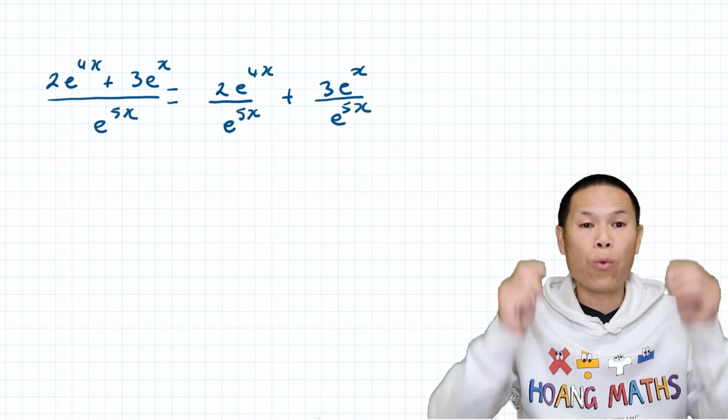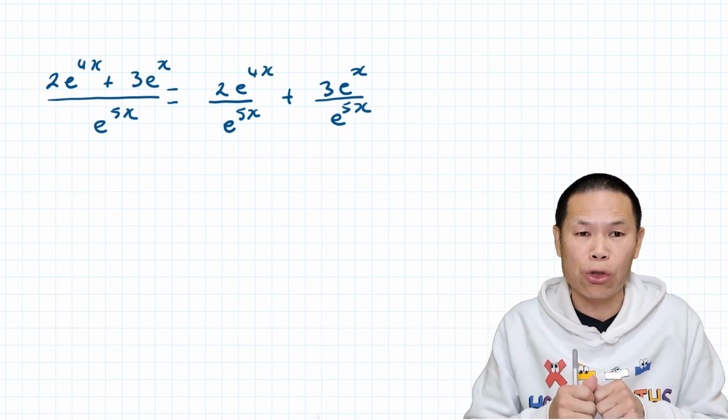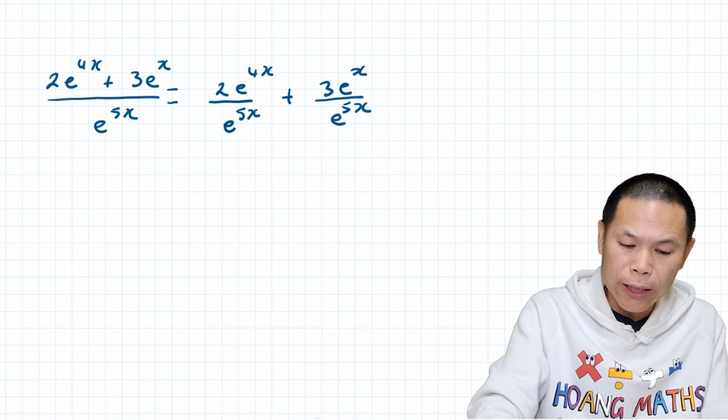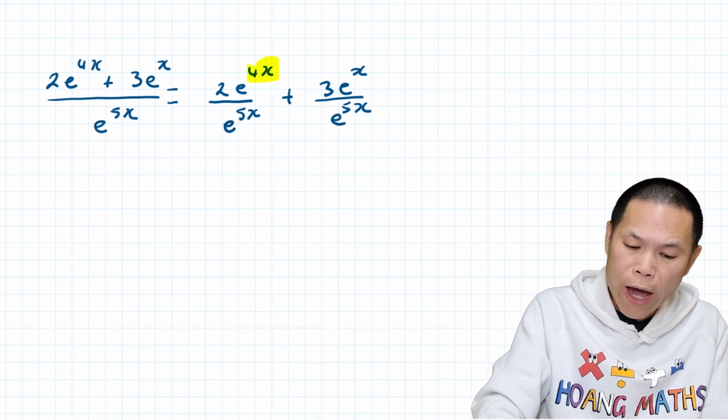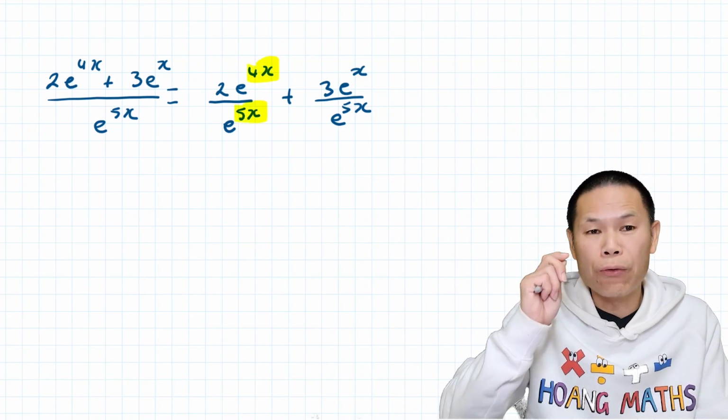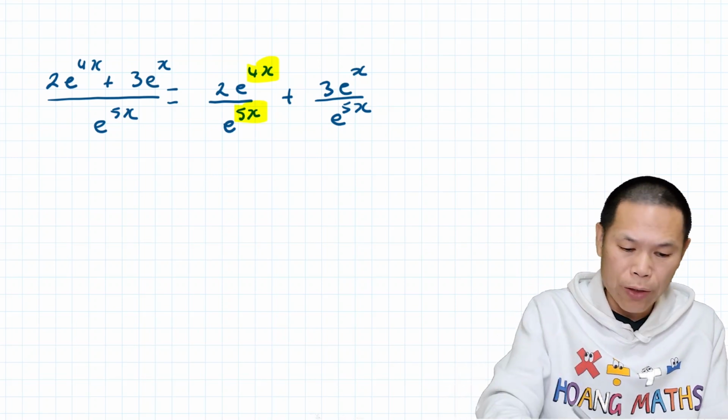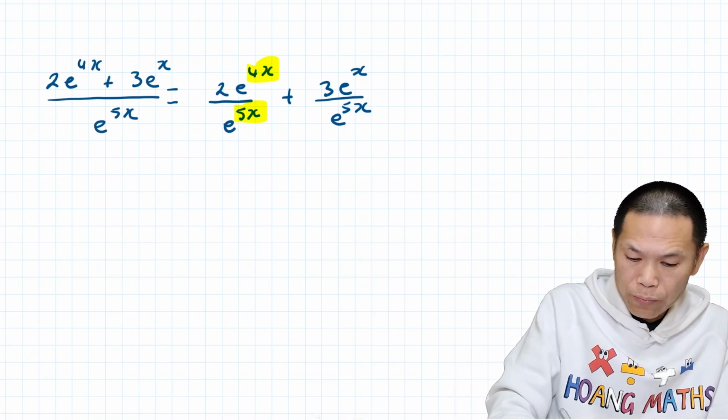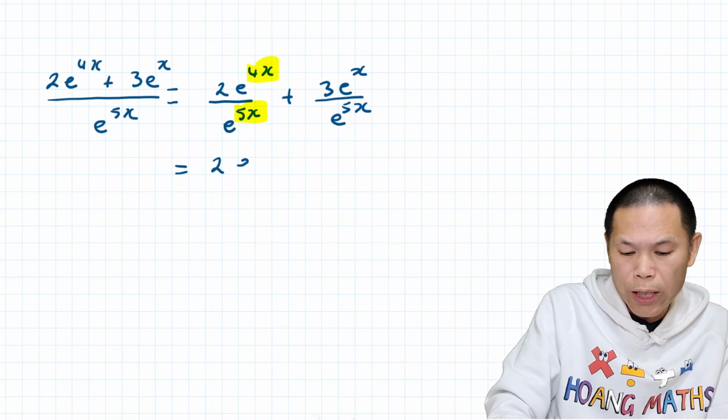So there you go. So what I do now is I just simplify these two fractions by using index law. So we get 4x, we minus 5x. So 4 minus 5 is negative 1. So that will give me 2e to the negative 1x, so negative x.